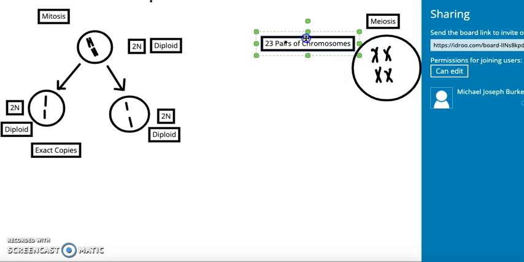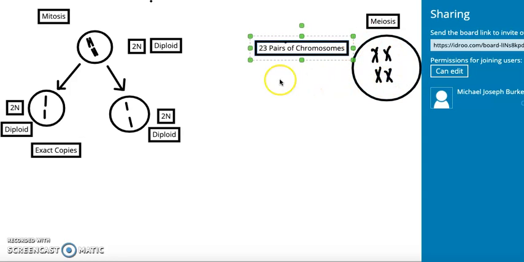So these are the 23 pairs of homologous chromosomes. I'm only drawing 2 pairs here because I don't feel like drawing all of the pairs, but that is what this is supposed to represent. Okay, they are replicated right there as well. We have one replicated chromosome here, one replicated chromosome there.